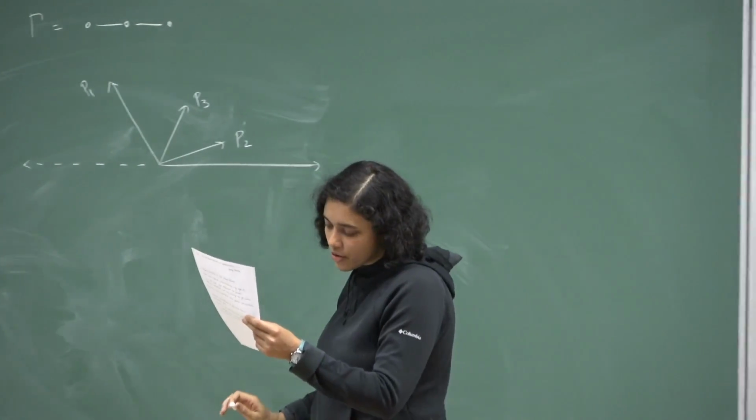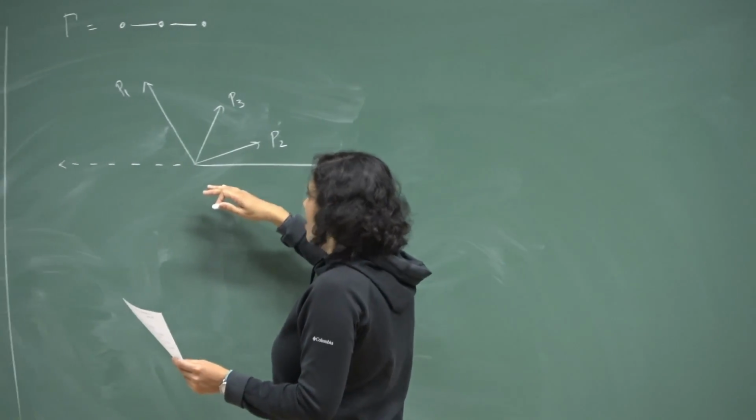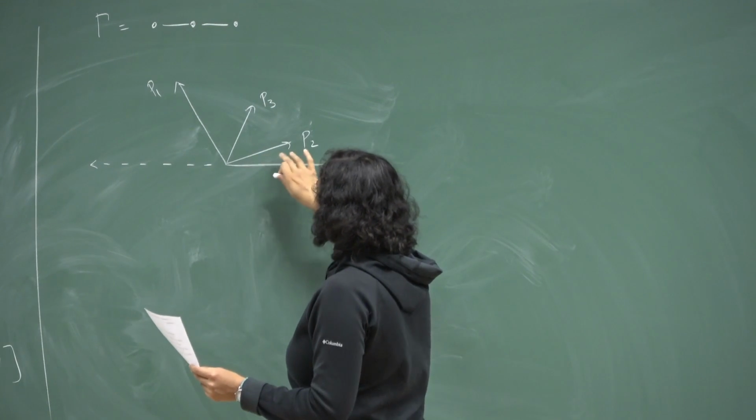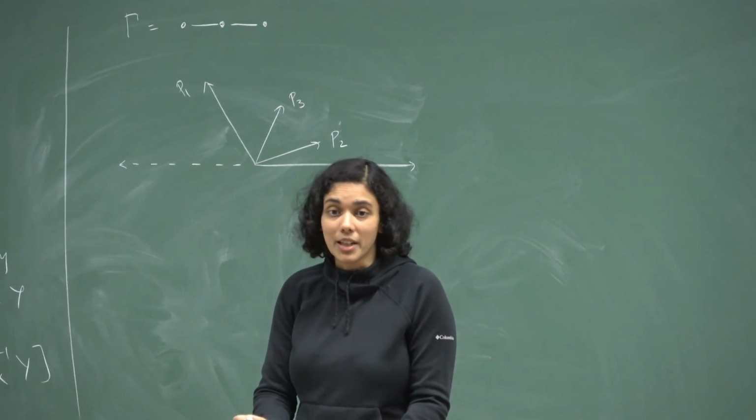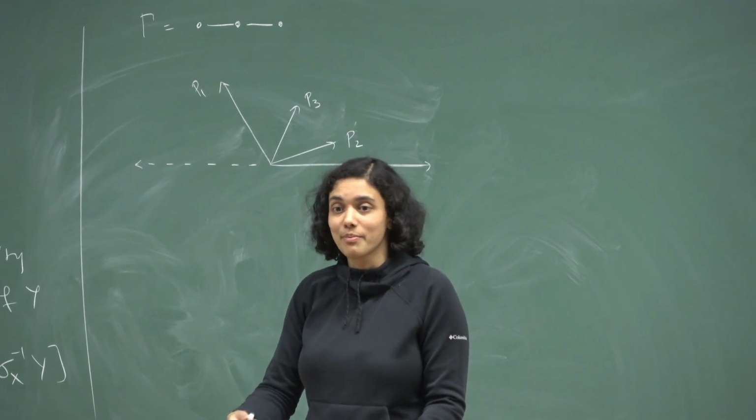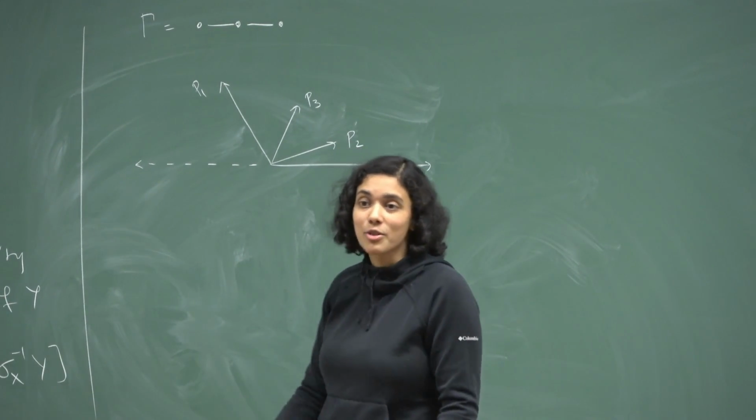The trick here is that you can put P1, P2, and P3 wherever you like, and that determines uniquely a stability condition. And then for the other objects, you can figure out which ones are stable.